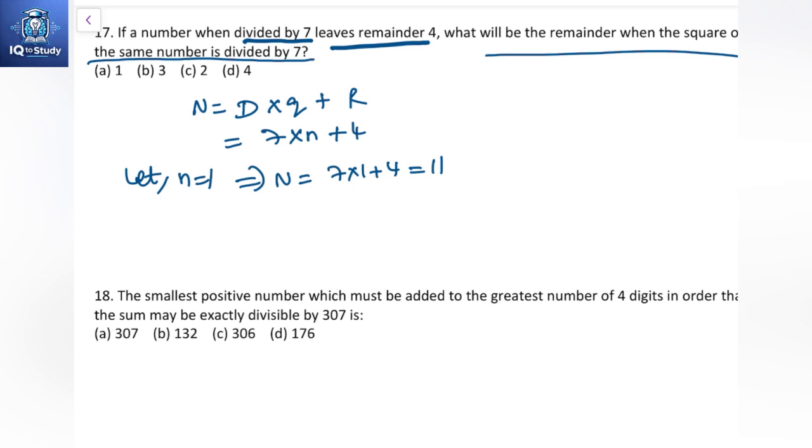Let's divide the square of 11 by 7, which is 121 by 7, the remainder is equal to 2, which is option C.